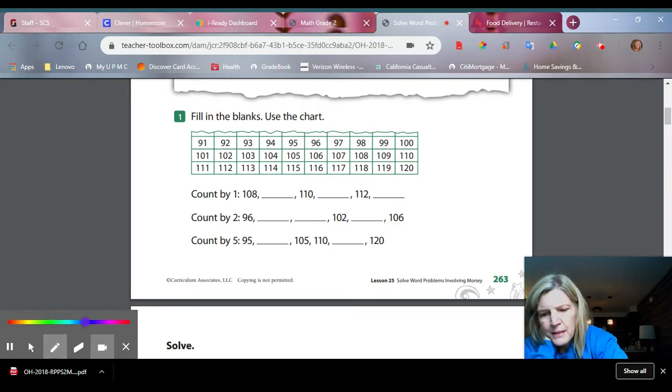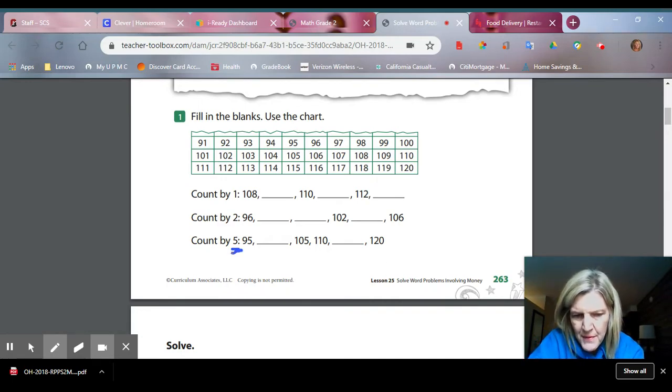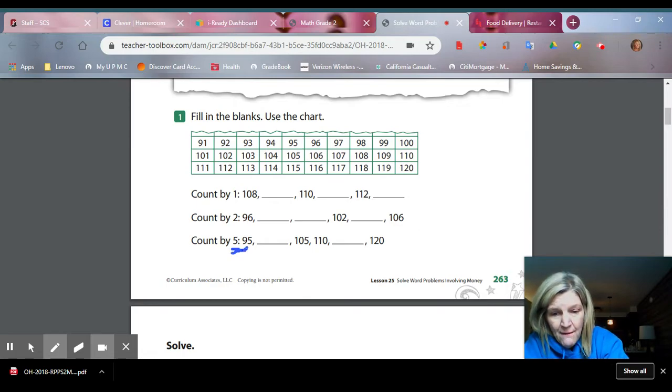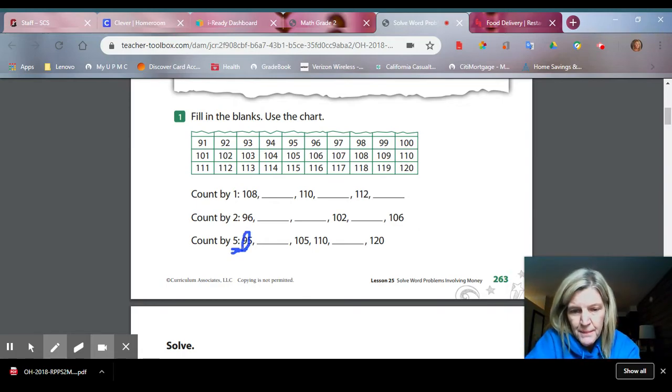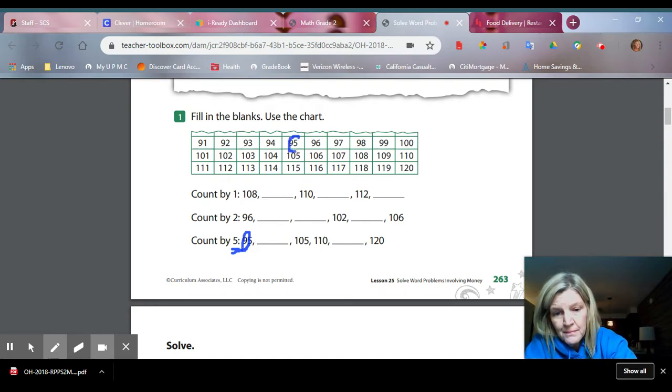Finally, in the last row, you're practicing counting by fives. Make sure you know what they're asking you to do, counting by fives. Pay attention to what number they're asking you to start with, which is 95. Find that number on the chart. What is 5 more than 95 when you're counting by fives? 95, 96, 97, 98, 99, 100.